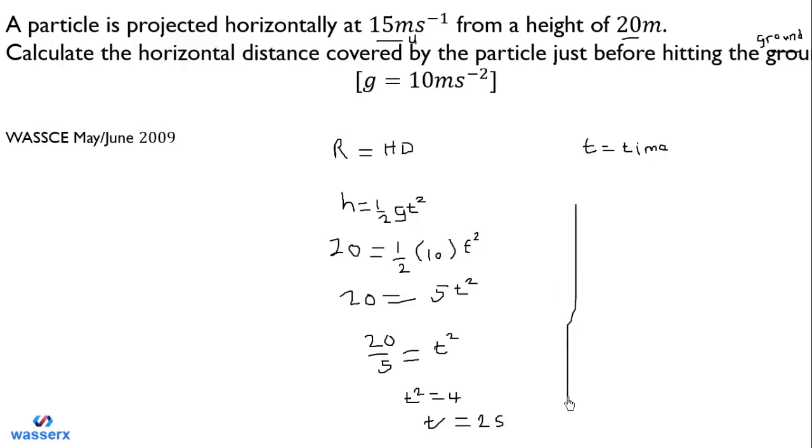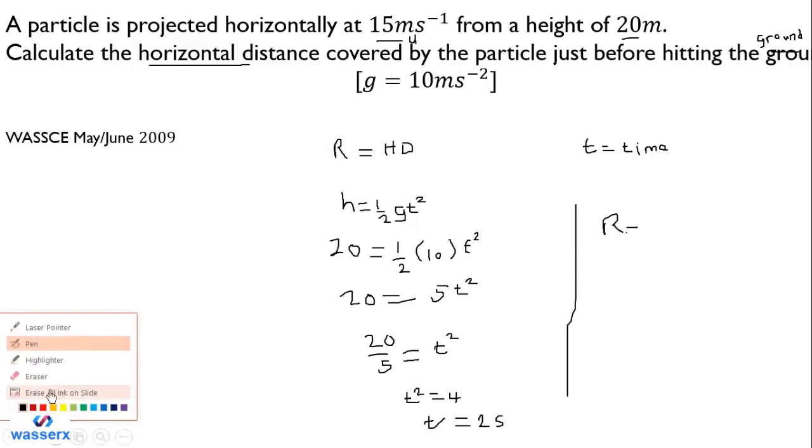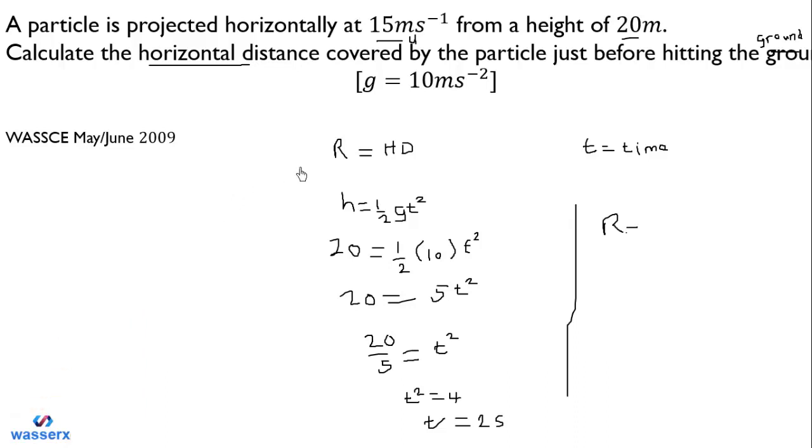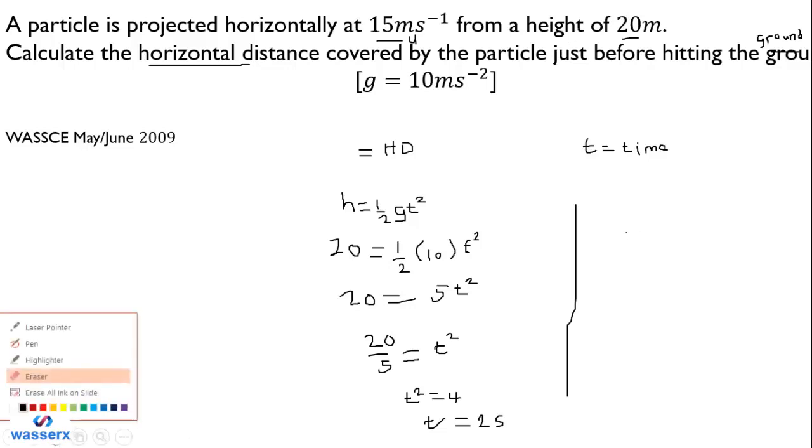Now we know that what we are looking for, calculate the horizontal distance, is given by r is equal to, in our case, x. So let's use x. So the horizontal distance is x. So we were using x, so let's maintain that.